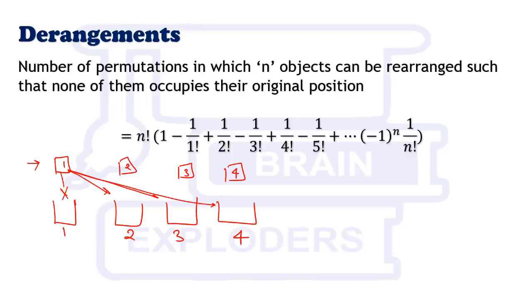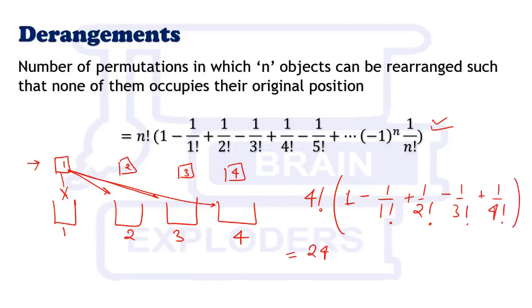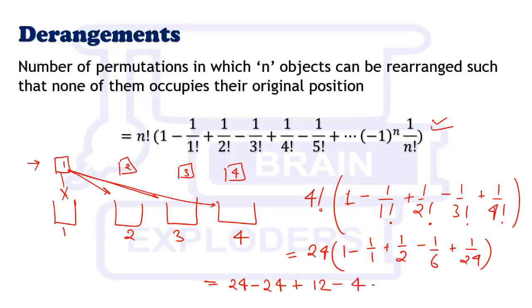The derivation of this is a little bit lengthy, so the formula is directly written here. The number of ways to do this is equal to 4 factorial times (1 minus 1 upon 1 factorial plus 1 upon 2 factorial minus 1 upon 3 factorial plus 1 upon 4 factorial), which is equal to 24 multiplied by (1 minus 1 upon 1 plus 1 upon 2 minus 1 upon 6 plus 1 upon 24), equals 24 minus 24 plus 12 minus 4 plus 1. 24 gets cancelled out and we have 9.